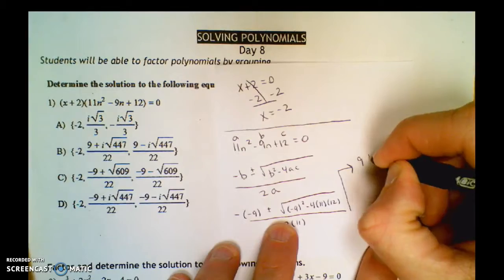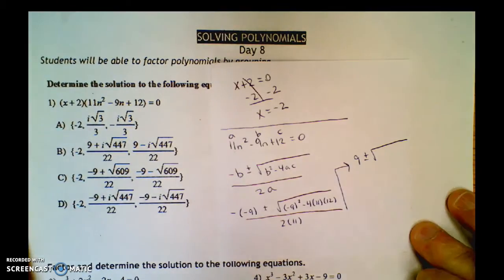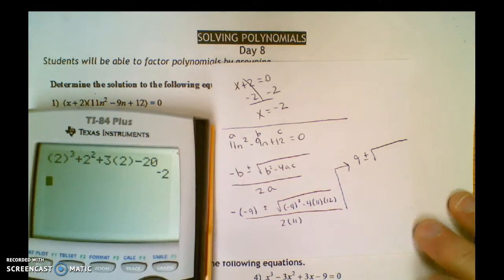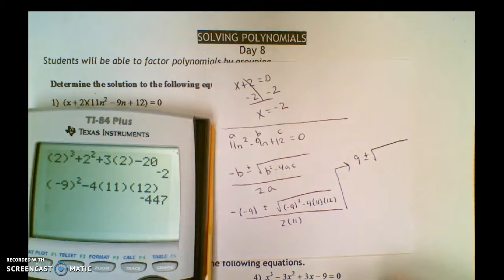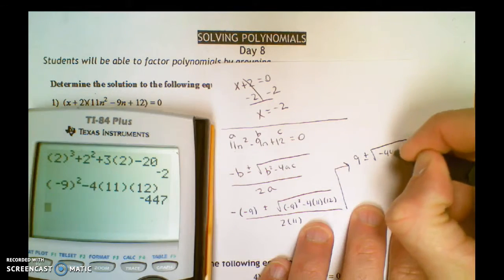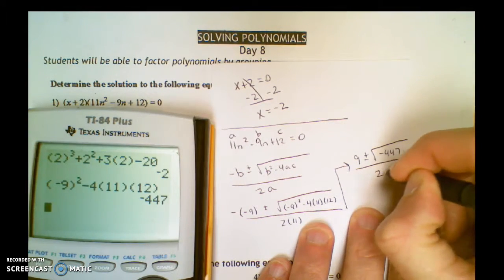Positive 9, plus or minus. For this part, I'm just going to put what's underneath the square root onto my calculator and see the value that it gives me. So -9 squared minus 4 times 11 times 12. So I get -447, over 22.